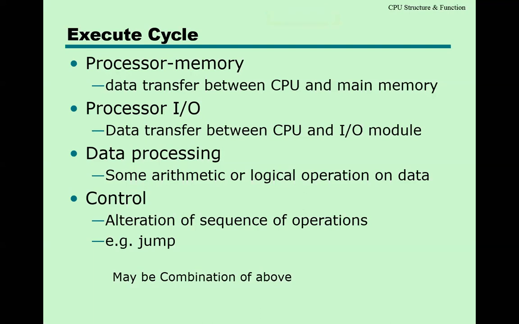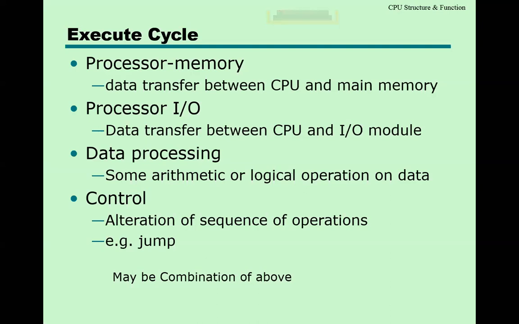Then data processing: some arithmetic or logical operation will be performed on the data. Or control, like alteration of the sequence of operation, as I told you. For example, the instruction at address 300, the next instruction at address 301, the next at address 302, and the next at 314, because it might happen there is a jump instruction.